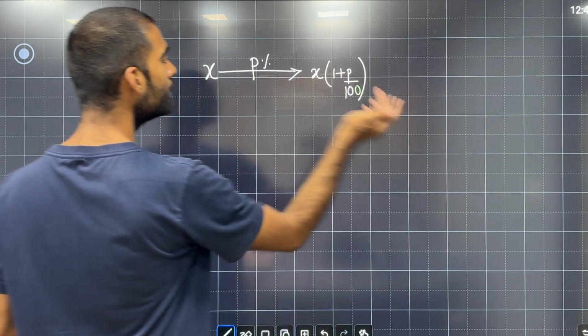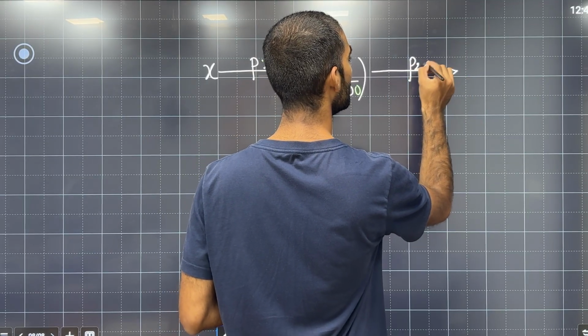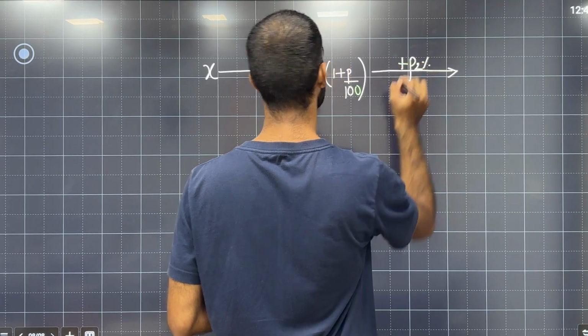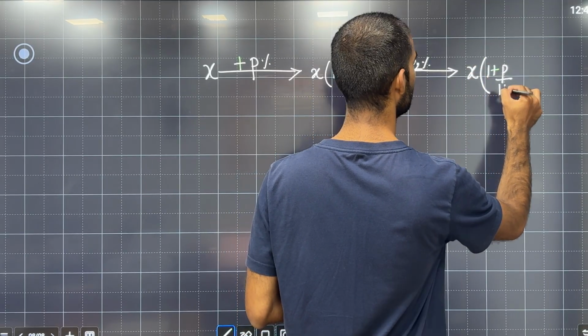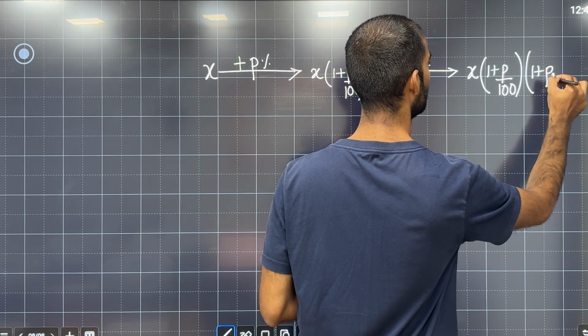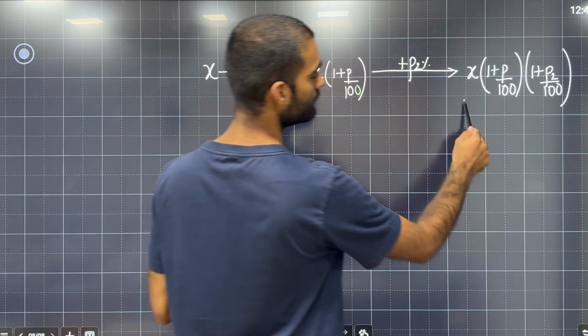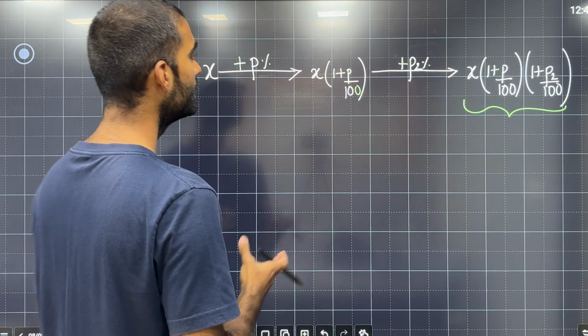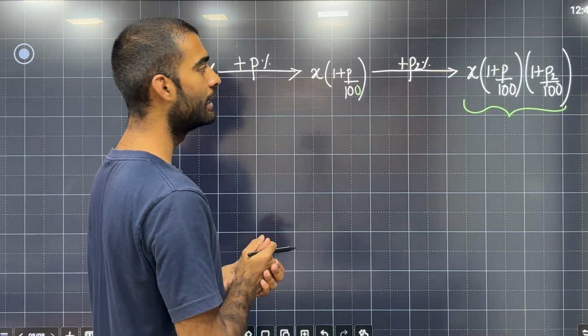Now, if this number is again increasing by some p2%, then the new number would be x times 1 plus p by 100 times 1 plus p2 by 100. So the new number is nothing but this. And using this concept, we can actually compute successive increase really fast.